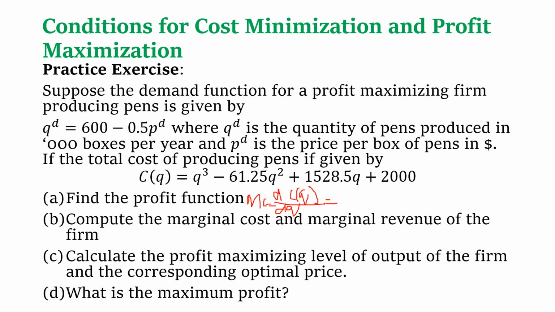So that is dC/dQ, which is equal to what? 3Q squared, right? 3 minus 1 is 2.